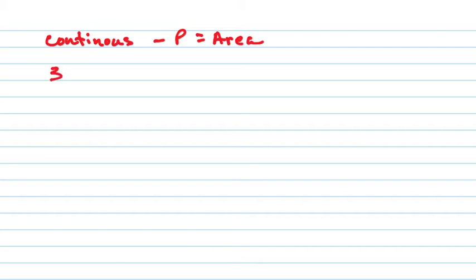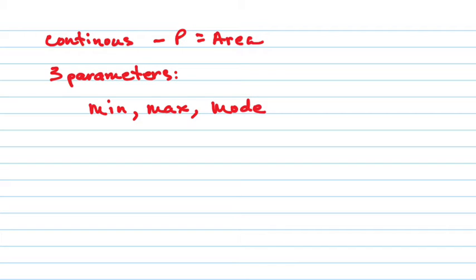You will be given 3 parameters. And again, parameters just means the information they're going to give you to know what type of distribution it's going to be. You're going to be given a minimum, a maximum, and a mode. Do you remember what mode means?